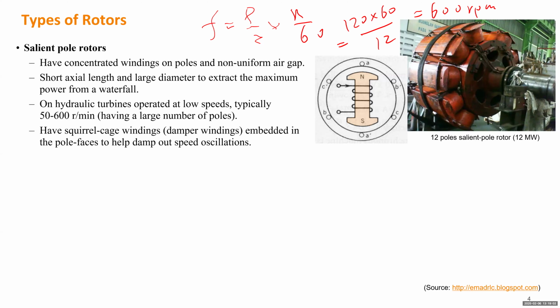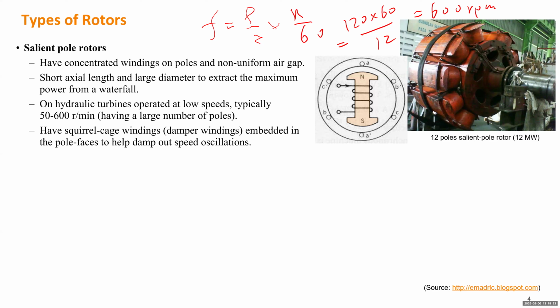Inside each pole, it may have a squirrel cage winding or a number of squirrel cage windings. Such windings are called damper windings. Those damper windings are not connected to any external circuit. They're just made of a highly resistive material.